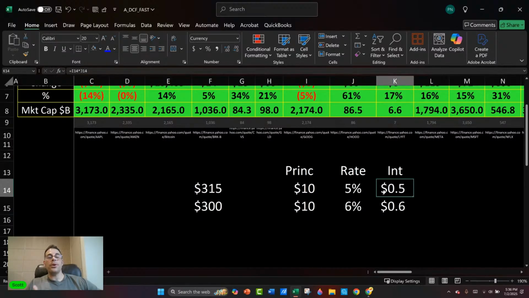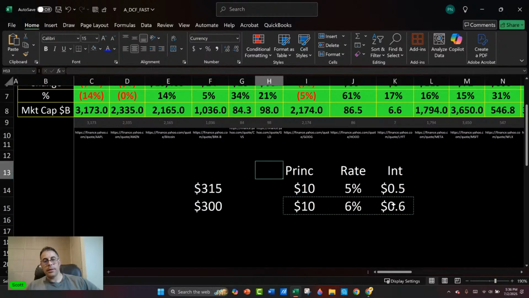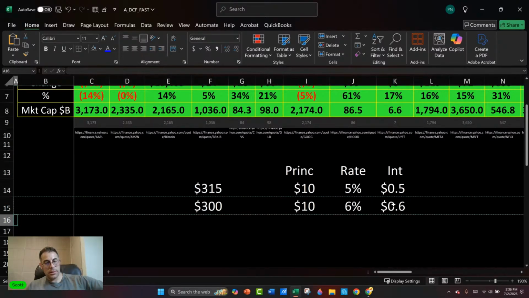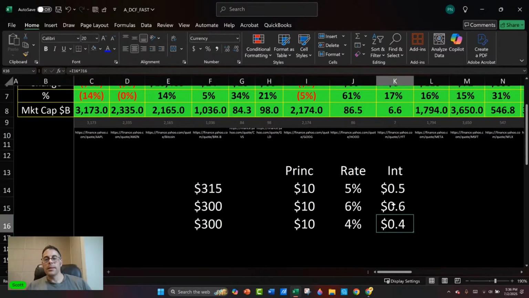So now the annual interest went from 500 million to 600 million. So you have to pay 100 million more in interest. But in the ideal scenario, interest rates go down. So now your annual interest payments are 400 million.